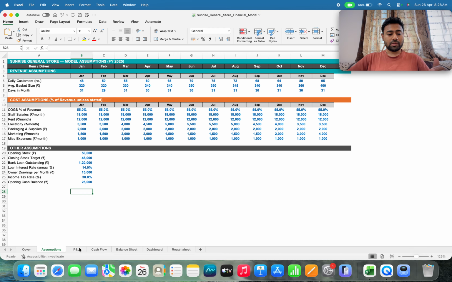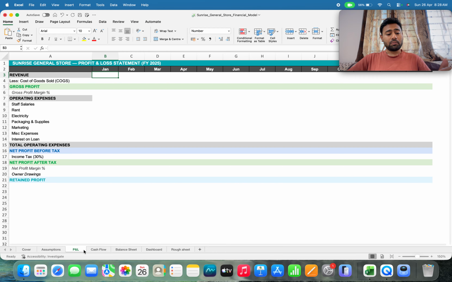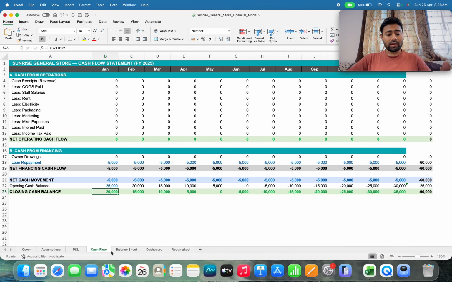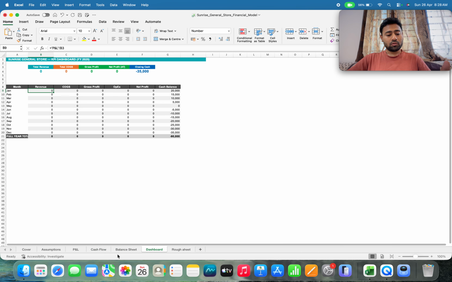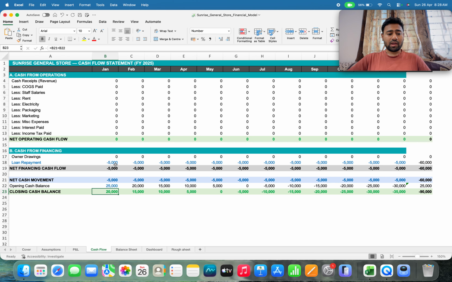From this sheet, we will make a P&L account, and then the P&L account is connected with the cash flow, balance sheet, and dashboard. So we will get the cash flow and balance sheet as well. We also have assumptions like a loan repayment of 5,000 per month. We will see it later.